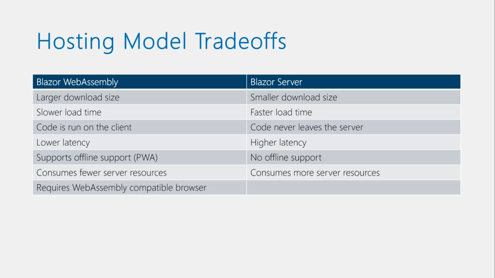And the other thing is that with Blazor WebAssembly, all the code is running in the client. So realize that if somebody hits F12, they're going to see all your code. If you need to hide your code, go ahead and run it on Blazor Server, because that code never leaves the server. Only UI differences get sent over the wire through SignalR to the Blazor Server, and all your code gets executed on the server and never leaves it.